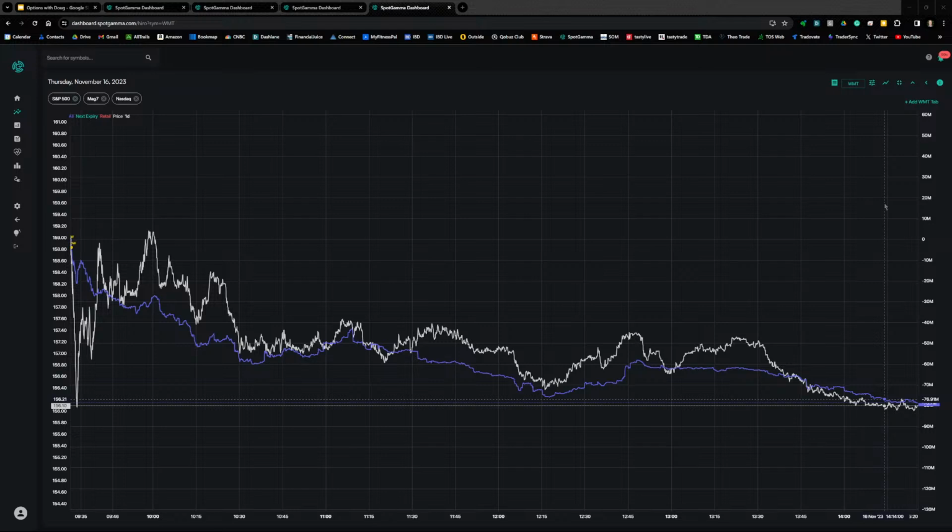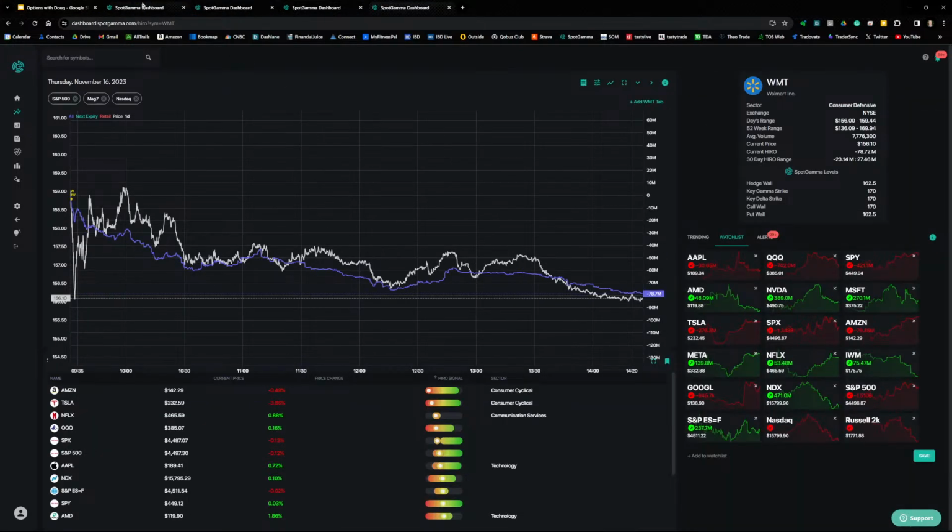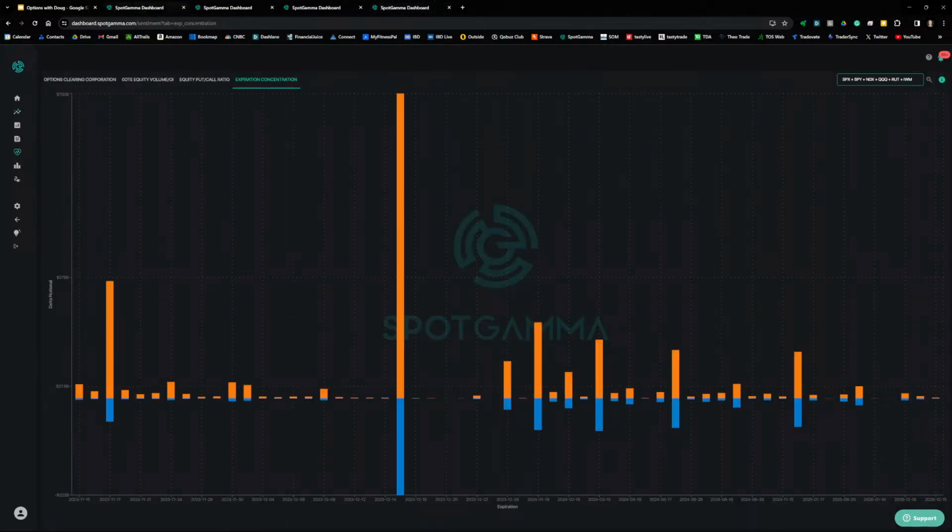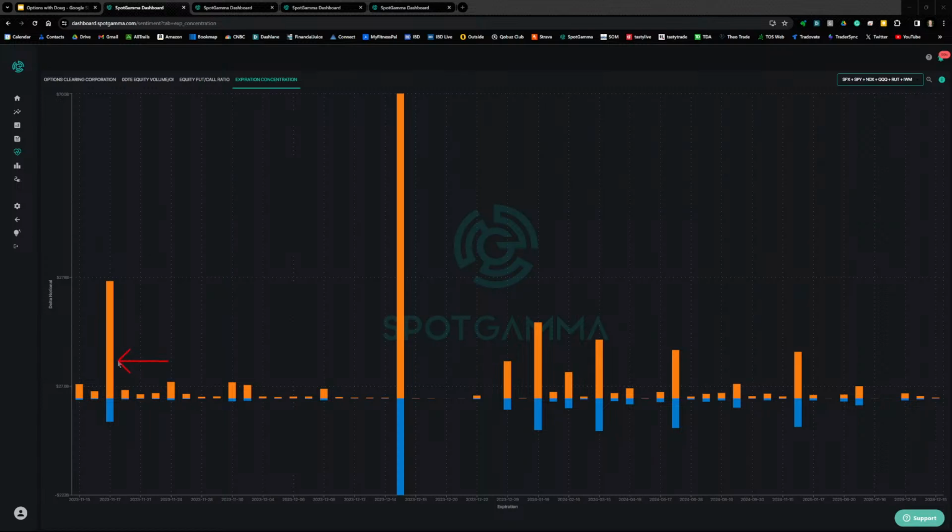So call dominated options expiration. Truman, let's take one more look at this. This is the delta notional expiration concentration for November, heavily call dominated. Those calls that are stabilizing the market are set to expire.